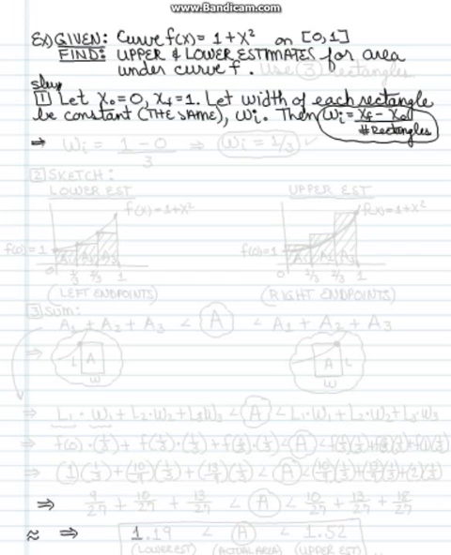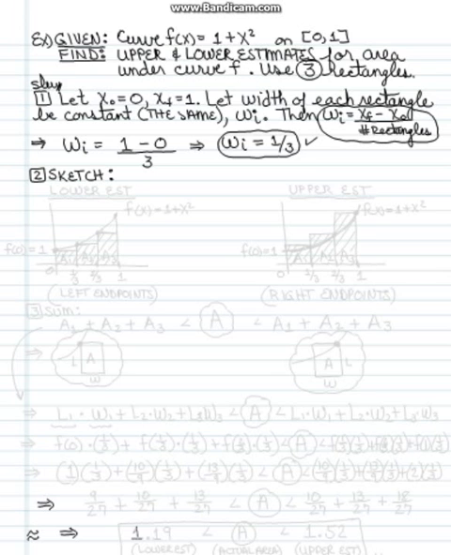We were told to use 3 rectangles in this problem. We usually call that quantity n. N is the number of rectangles. So the width w sub i for each of the 3 rectangles is going to be equal to the last x value 1 minus the first x value 0 divided by 3. So w sub i, the width, is equal to 1/3.